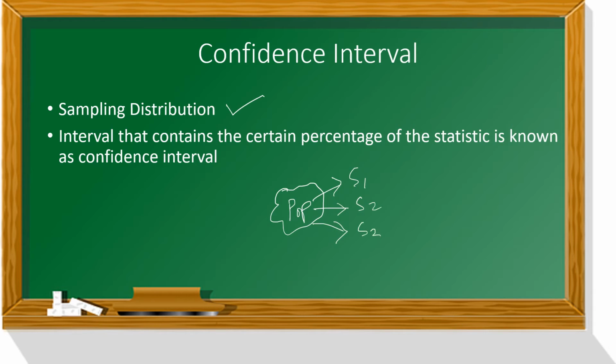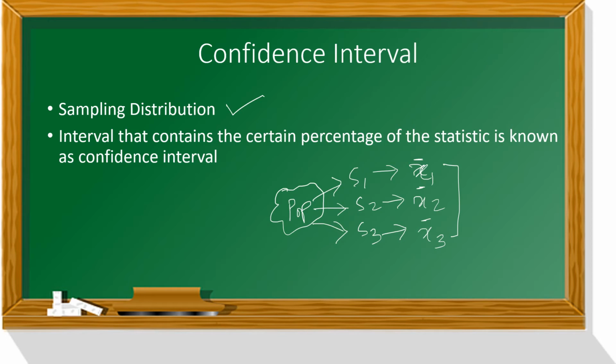From the samples we calculate the sample means, let them be x1, x2, x3, and then we plot these sample means, and what we get is the sampling distribution.